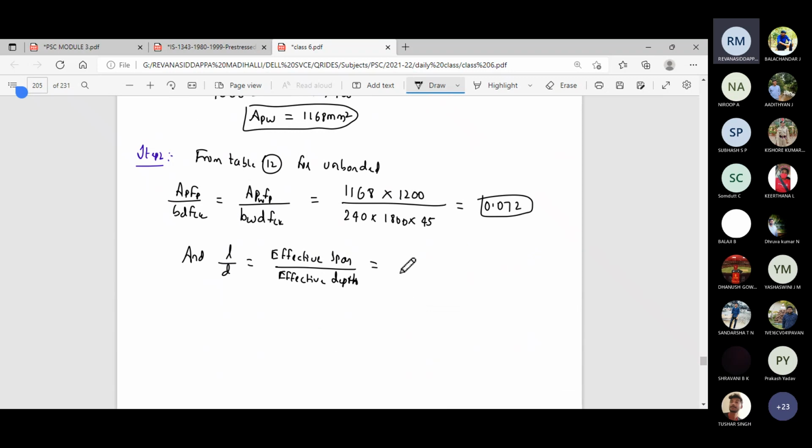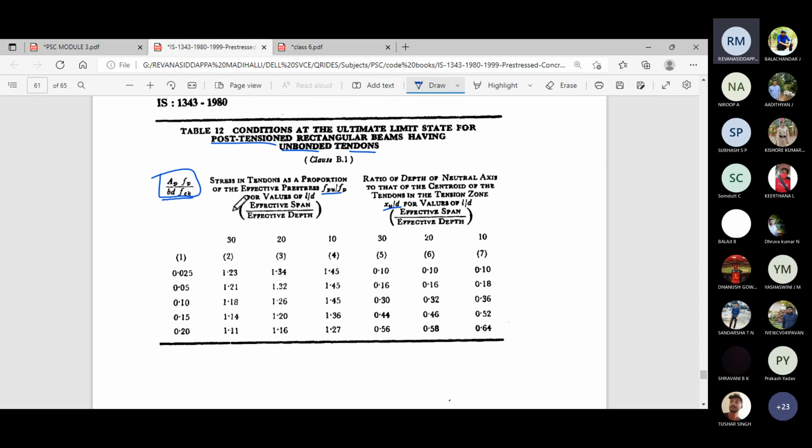Effective depth is 1800 mm. 40,000 divided by 1800, by this we get this ratio as 22.22. Now, referring to table 12, we can obtain the value of XU by D.